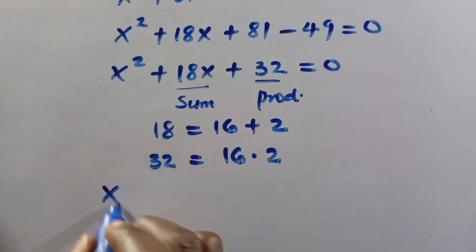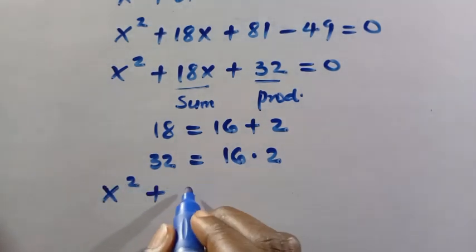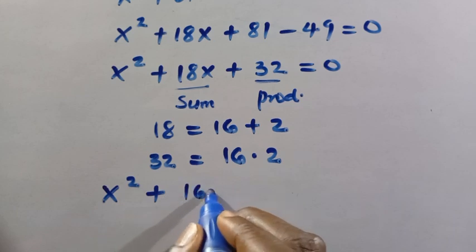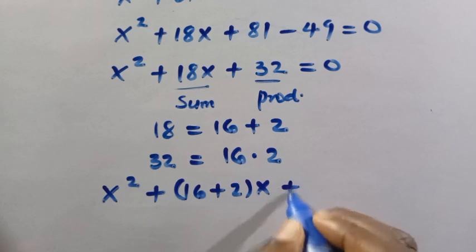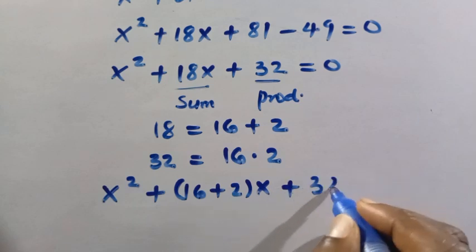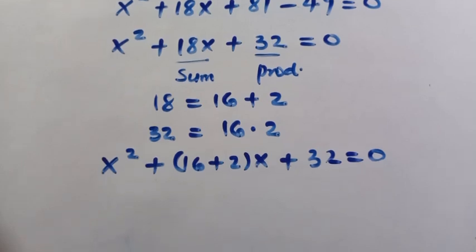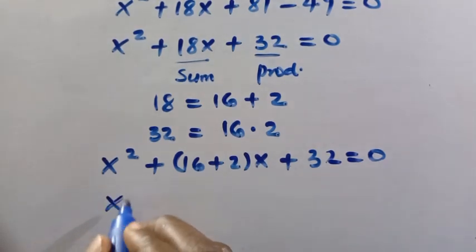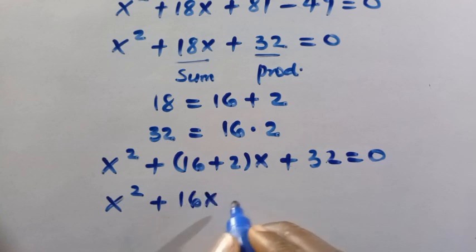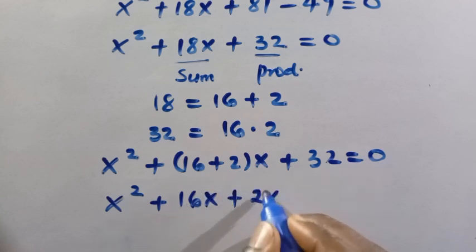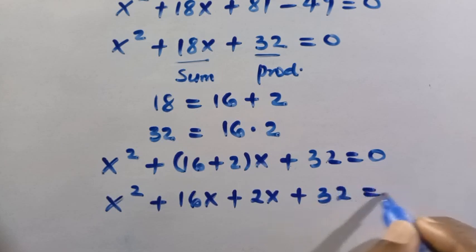Therefore, we apply it as x^2 plus, instead of 18, we replace it as (16 + 2) multiplied by x, plus 32 equals 0. Then let's expand. When we expand, we have x^2 + 16x + 2x + 32 = 0.